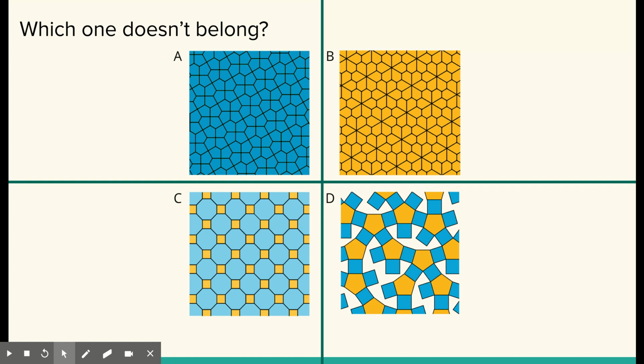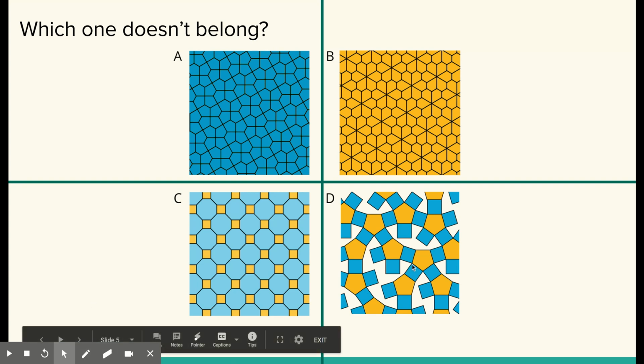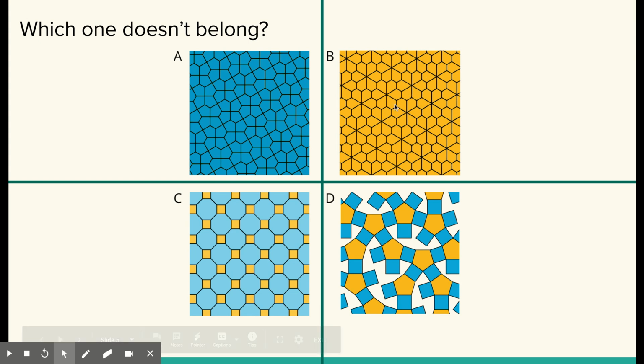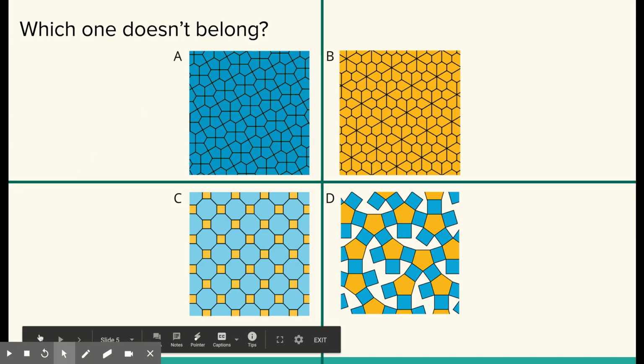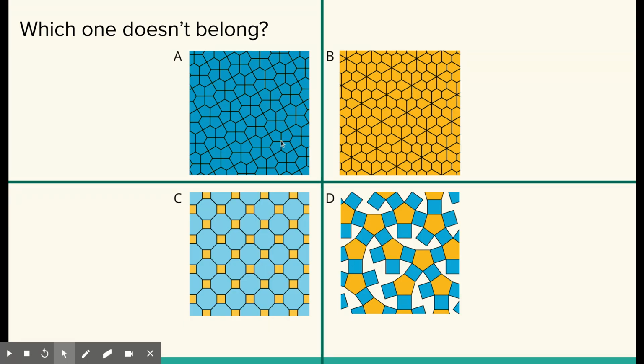A lot of ways you could look at this, as far as which one you think does not belong, right? You could say this one doesn't belong because it doesn't have blue, whereas all the other ones do have blue. You could say this doesn't belong because it doesn't have yellow.